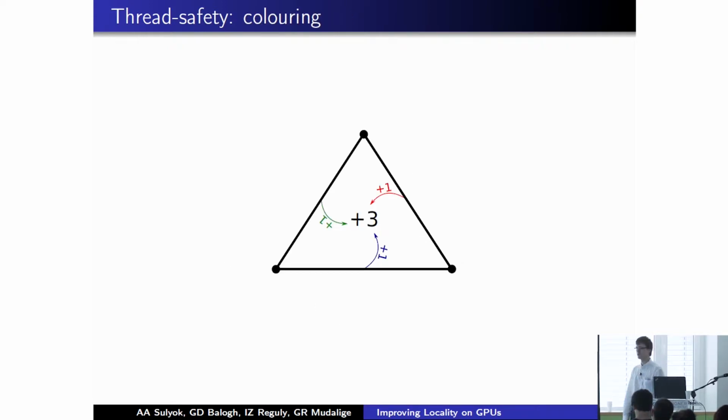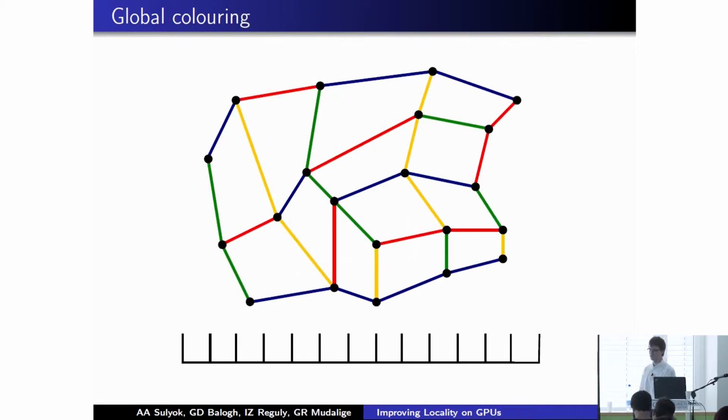The third approach is to use coloring, so that we color the threads such that no two threads accessing or incrementing the same piece of data have the same color, and then schedule the threads so that the colors get executed one after the other. The straightforward way to do this is the so-called global coloring, where you color every thread and then, for example, schedule the colors into different kernel launches.